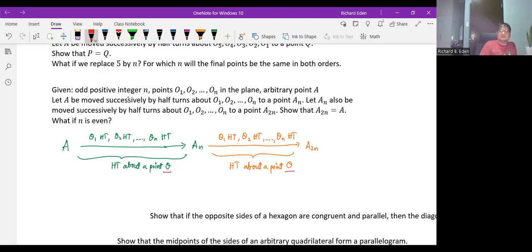Possibly different. Okay, may figure kanina. Wait lang po. Ah, yes, yes, yes. All of them will have turn again, so it will be the same center.